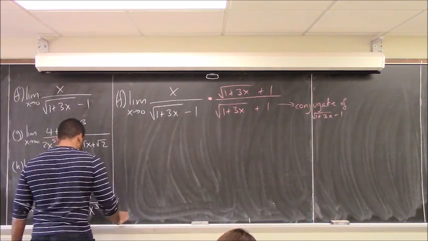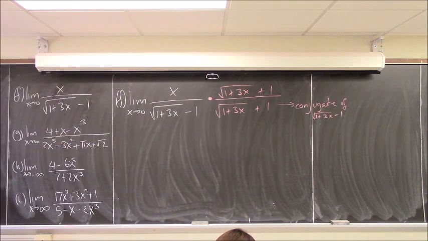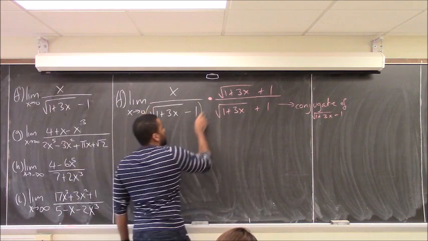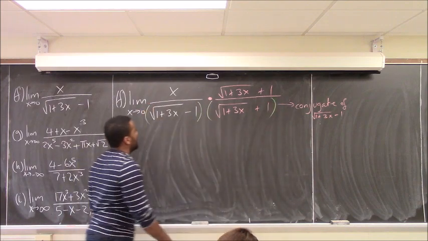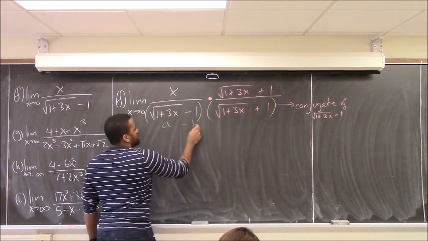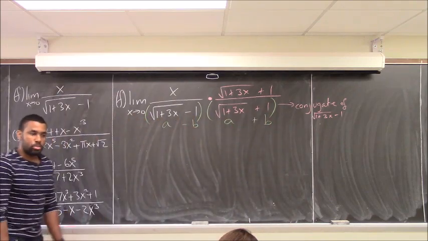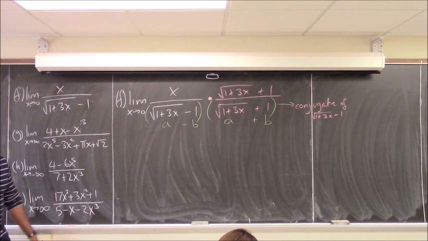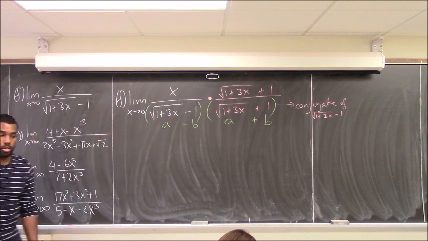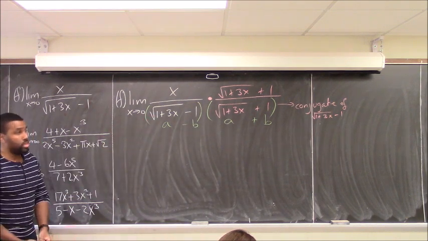And we like doing conjugates because now you'll notice in the denominator, this kind of looks like a minus b times a plus b, which we know becomes a squared minus b squared when we multiply that out. So it allows us to square the first term without doing anything illegal.